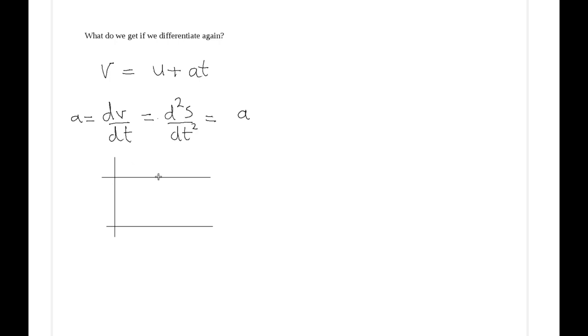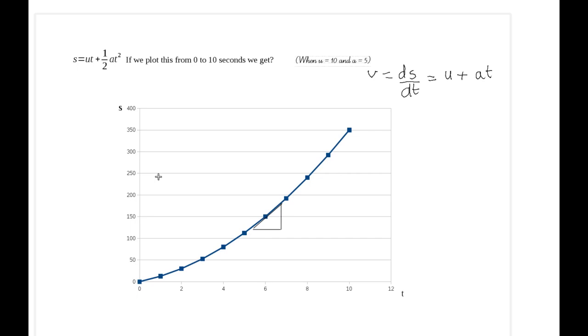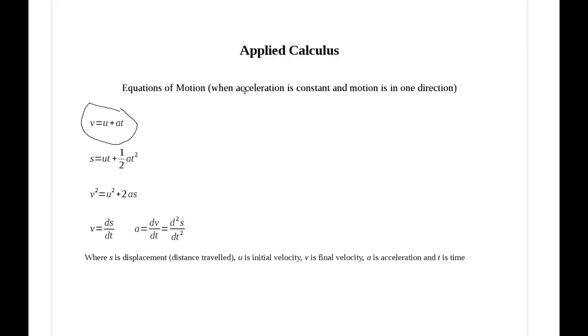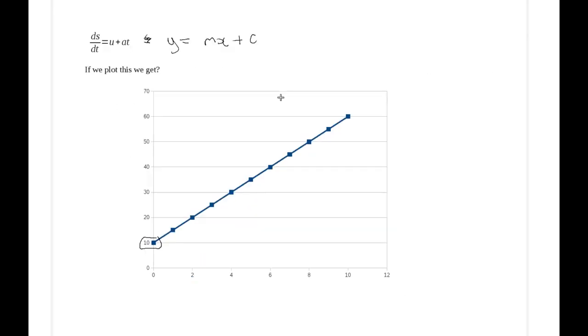And that's what we expect, because if we go back to our initial formulas, we've got this rule that acceleration is a constant, and we've just proved it. So nice and easy.